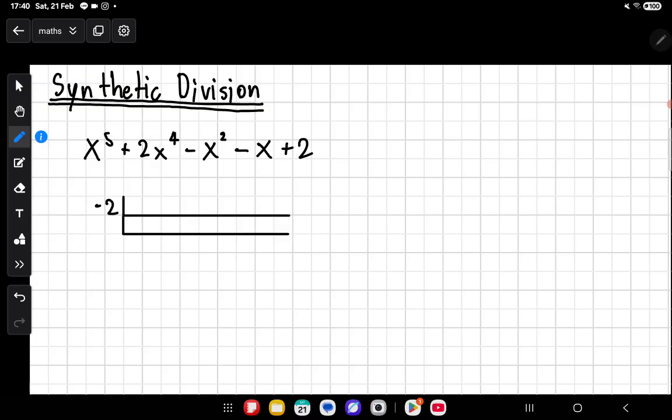-2 here, right? And then 1, 2, but notice how x cubed is missing? That is going to be a 0 because we have no x cubed. Now, as usual, drop 1 down, multiply these. -2, 0.